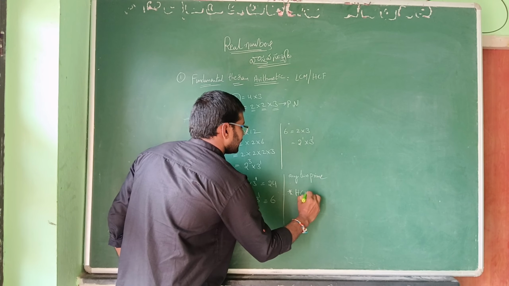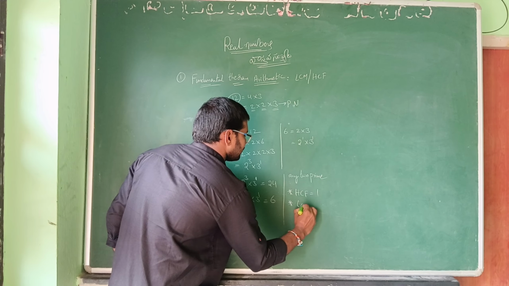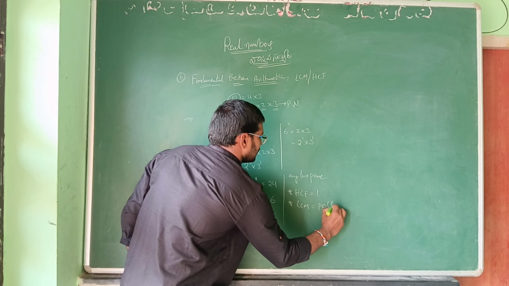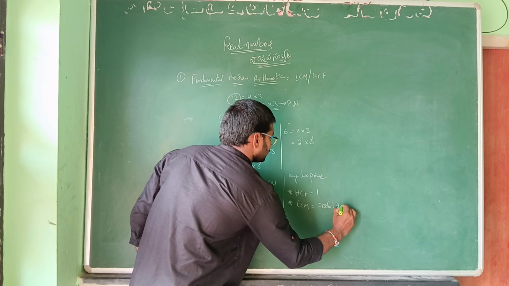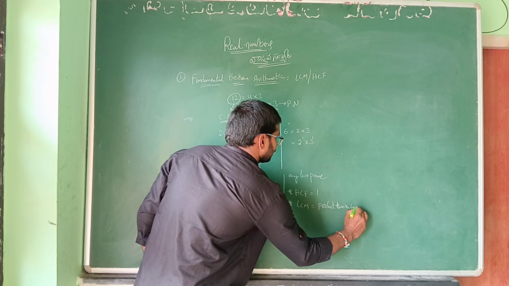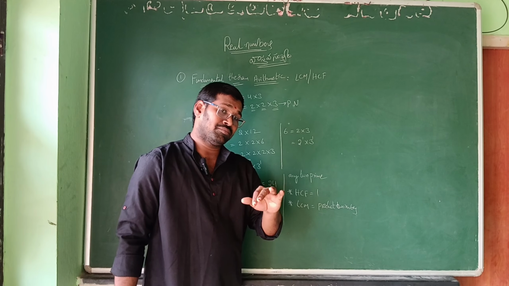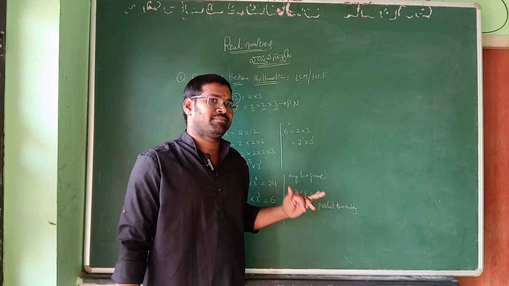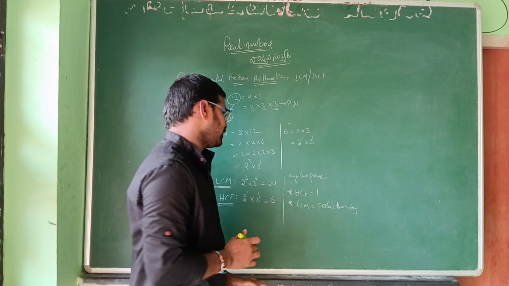Any two prime numbers, HCF is 1, and LCM is the product of the two numbers. Suppose one is a prime number and one is a composite number, then also the HCF is 1 only.